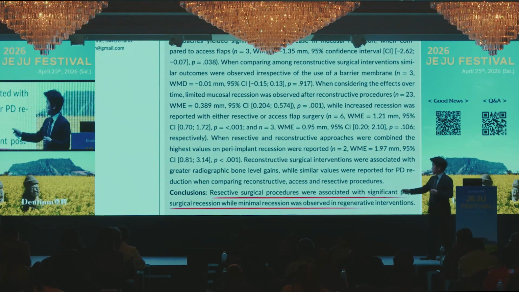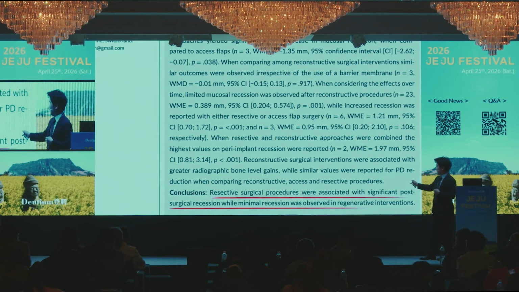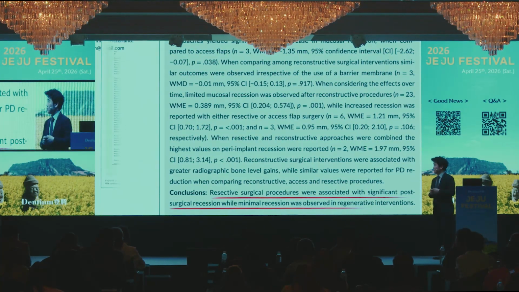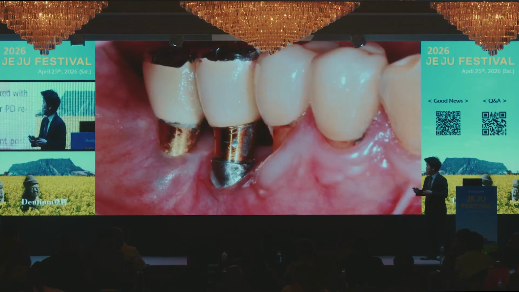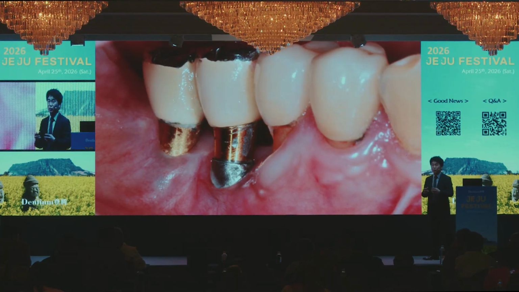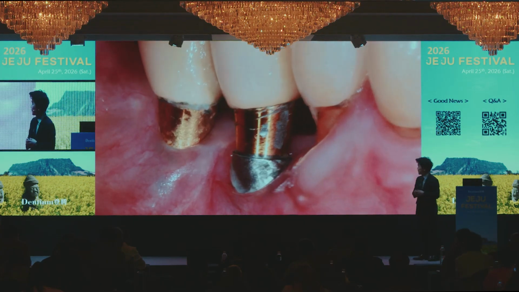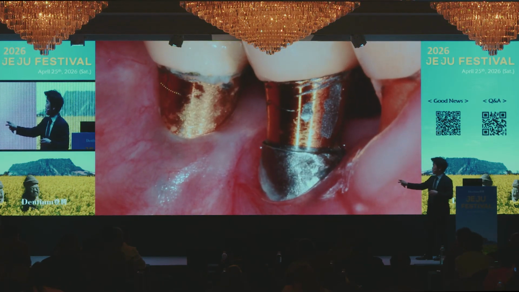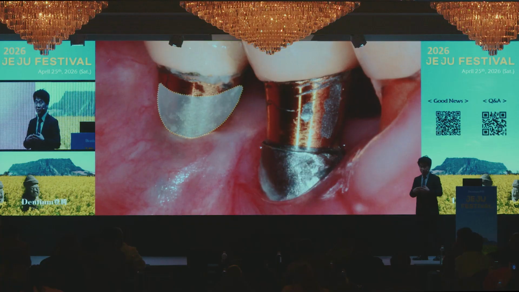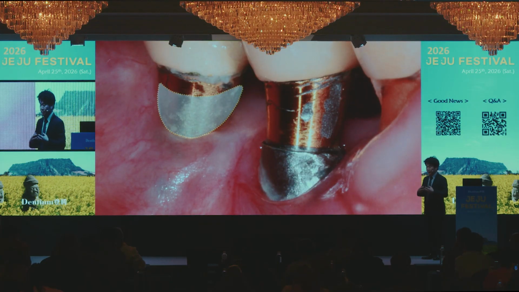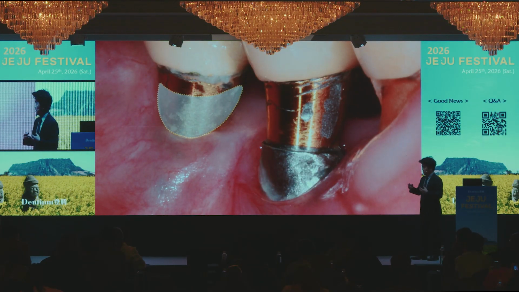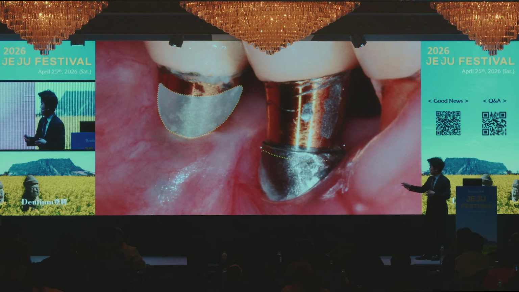So a resective surgical procedure can also cause significant recession. So we also need SPT, supportive therapy, for cleaning around the implant, in this area. So I sometimes use the airbrush device in this area.